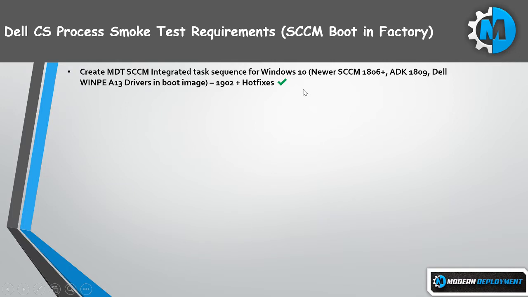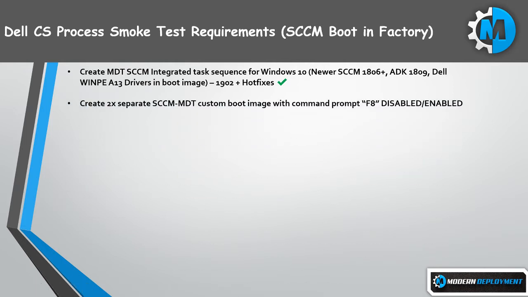That way you give time for the latest version to bake, and there are always bugs that come up when a new release comes out for SCCM. So just make sure you have, at a basic level, an MDT integrated SCCM task sequence for Windows 10, configured and all working.